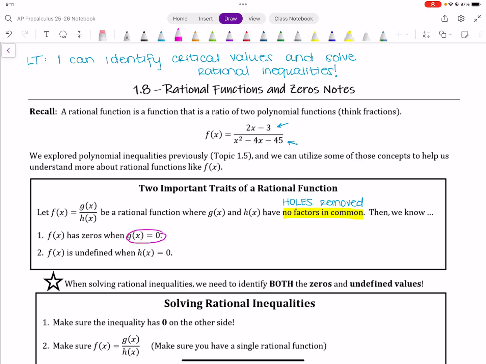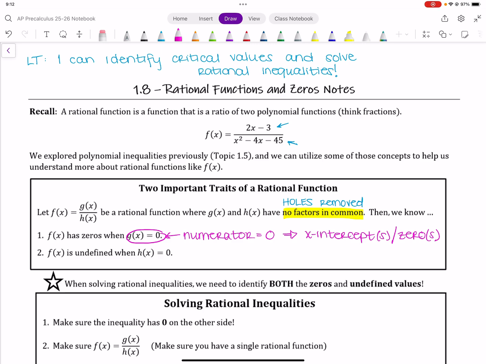So when our numerator equals 0, that is where we have our x-intercepts, which is the same thing as a 0.